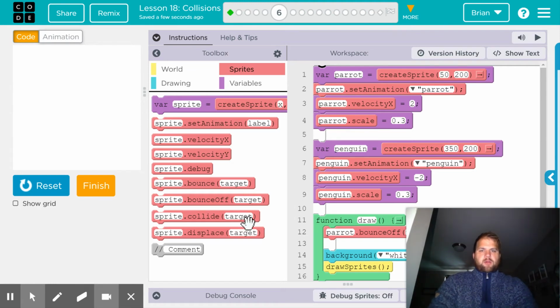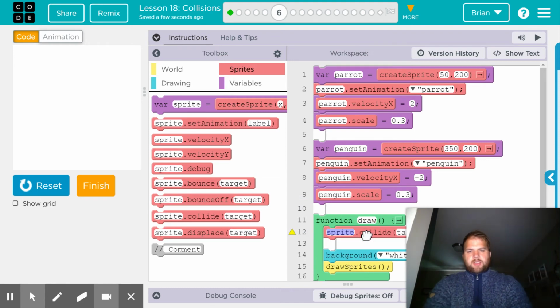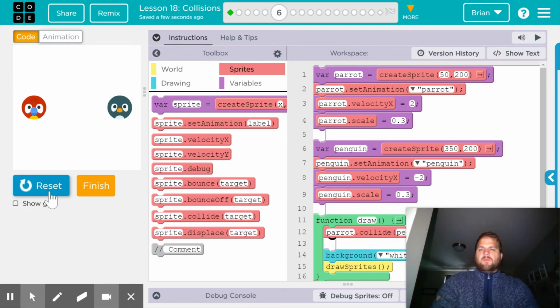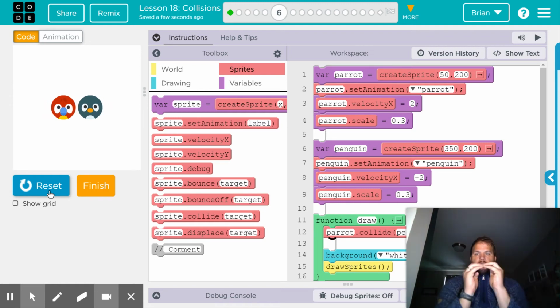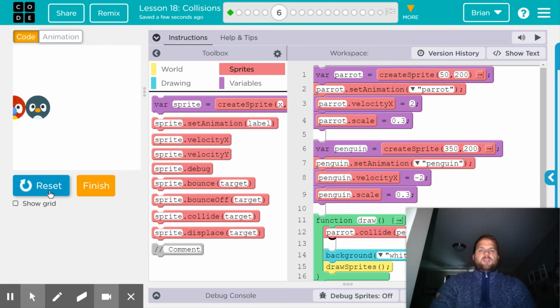Okay, and then the last one is collide. So on this one, I drag out collide and I say parrot, collide, penguin. I run it. And on this one, the two will meet and touch, and the one moves with it. So the parrot collided and it stopped with the penguin.